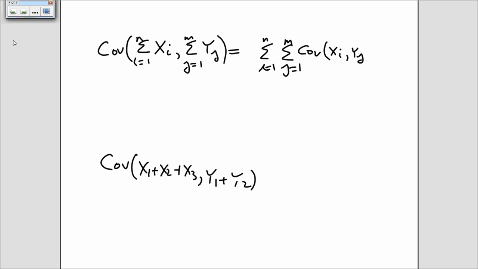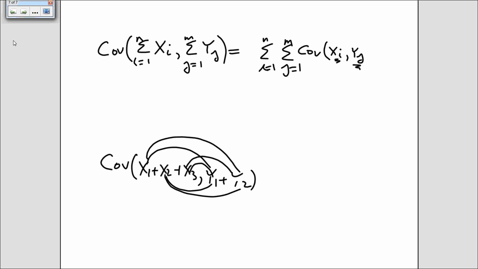In other words, we take the covariances of every combination. That is, we'll take the covariance of X1, Y1, plus the covariance of X1, Y2, plus the covariance of X2, Y1, plus the covariance of X2, Y2, plus the covariance of X3, Y1, plus the covariance of X3, Y2.